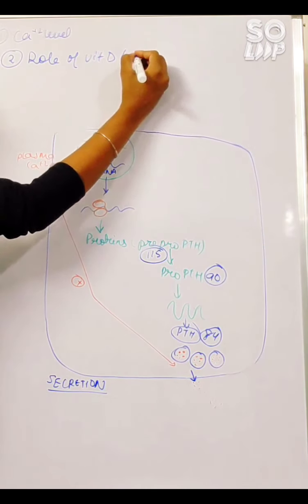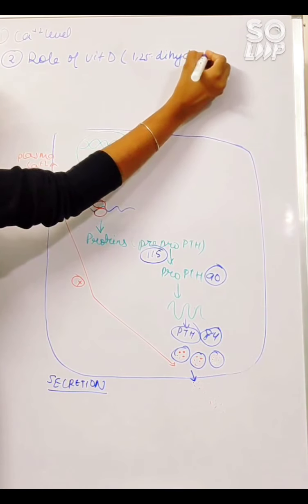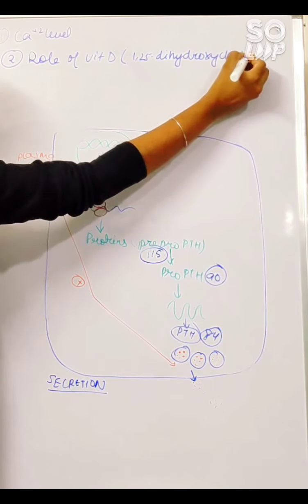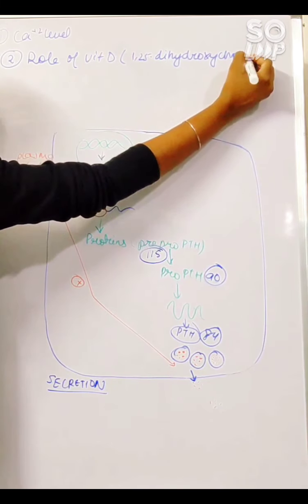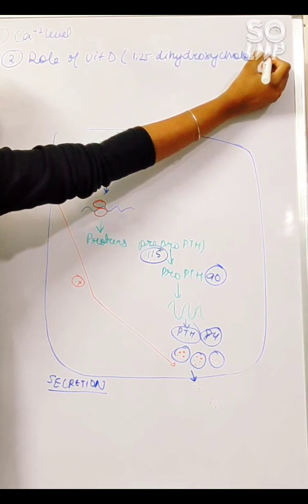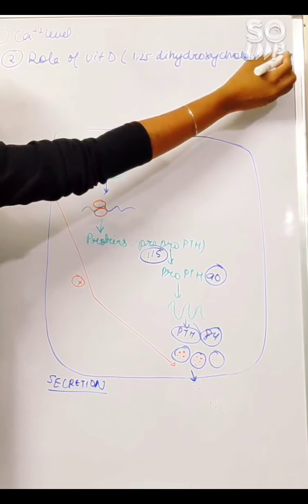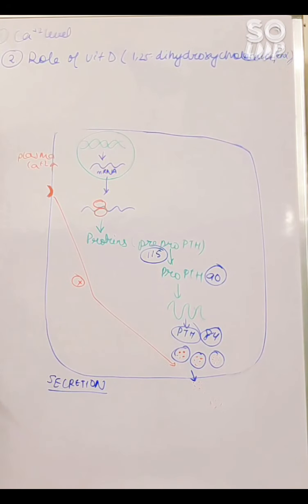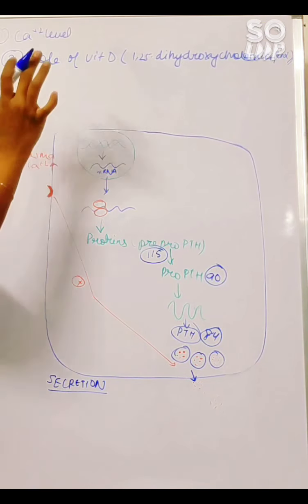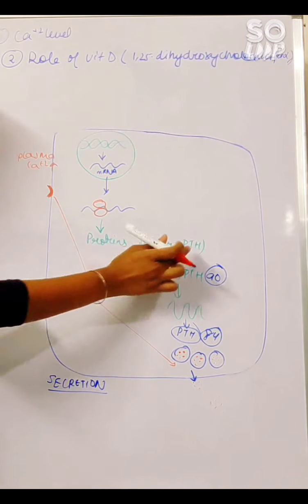We know vitamin D is 1,25 dihydroxy cholecalciferol. This vitamin D inhibits the transcription of the PTH gene to form pre-pro PTH.